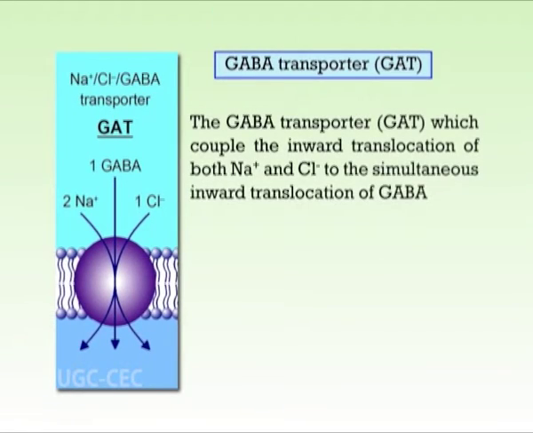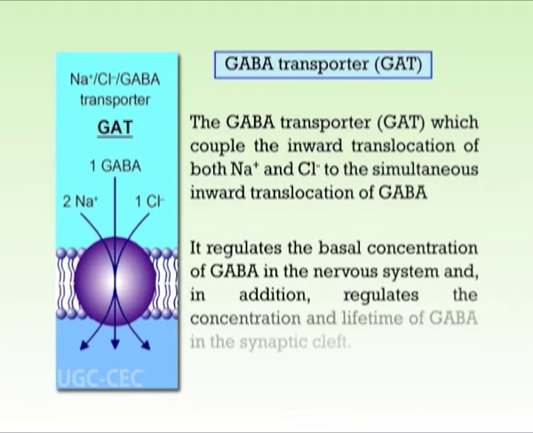Additional examples of cotransport proteins include the GABA transporter, also known as GAT, which couples the inward translocation of both sodium ion and chloride ion to the simultaneous inward translocation of GABA.